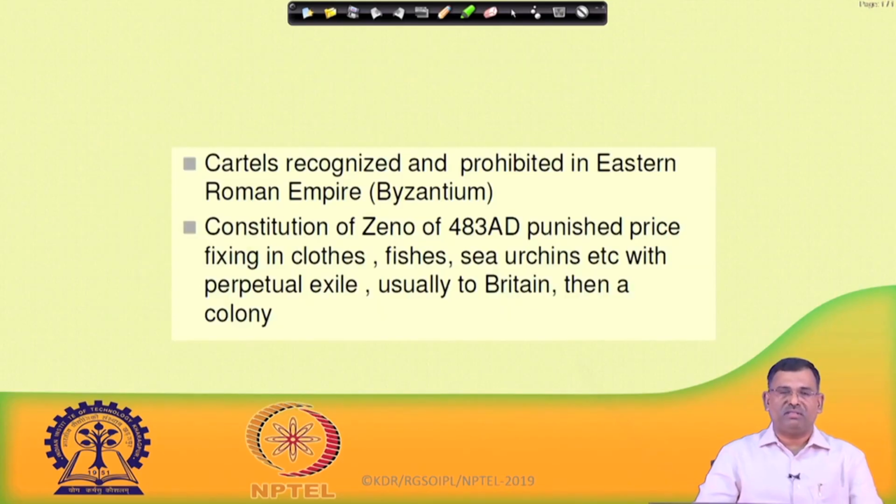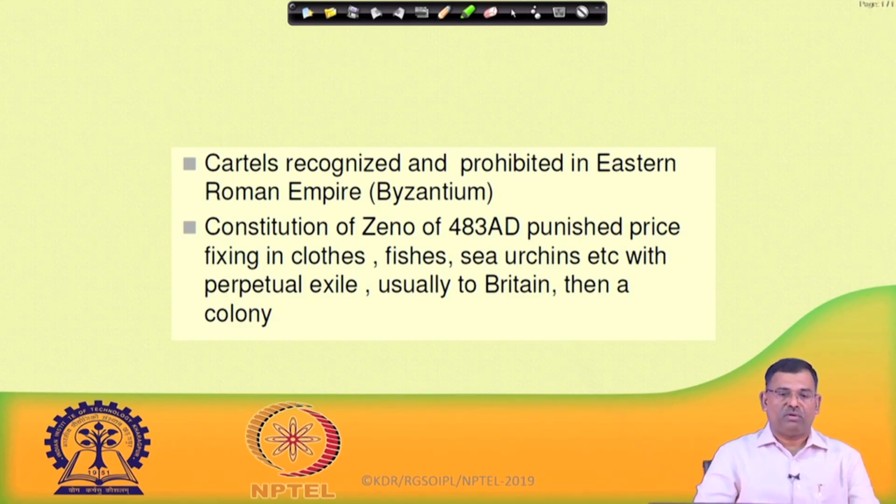Again, history says that competition law, or competition in the market, is not new at all. The first form of anti-competitive practices can be found in the form of cartels, in time immemorial.